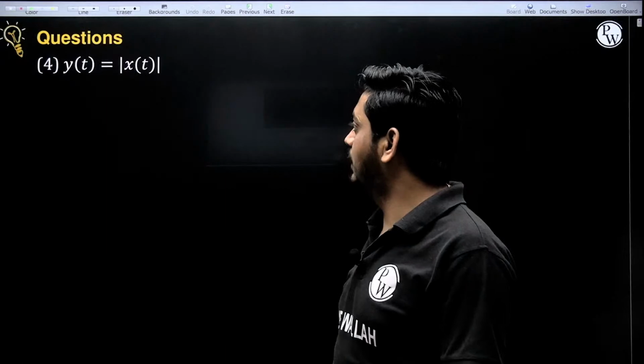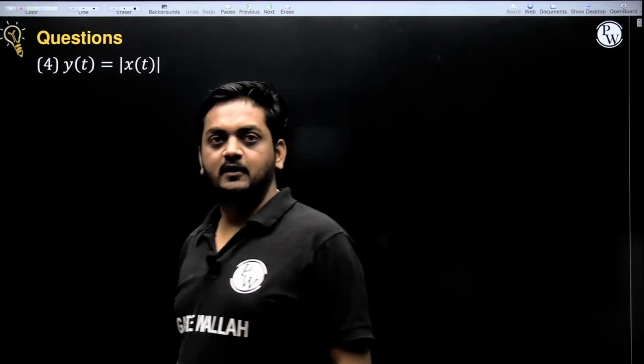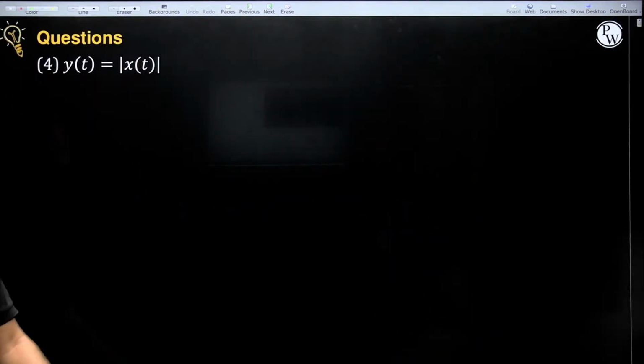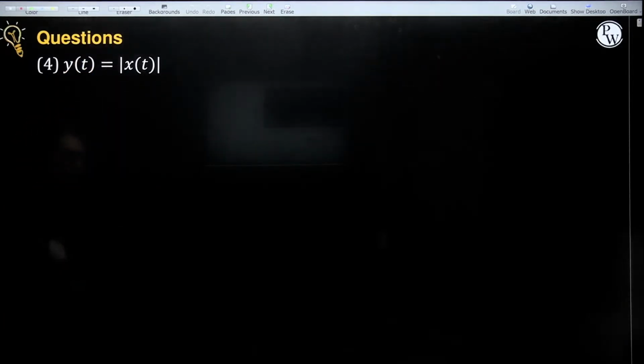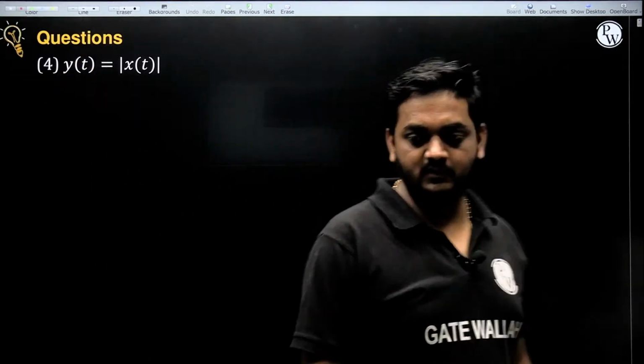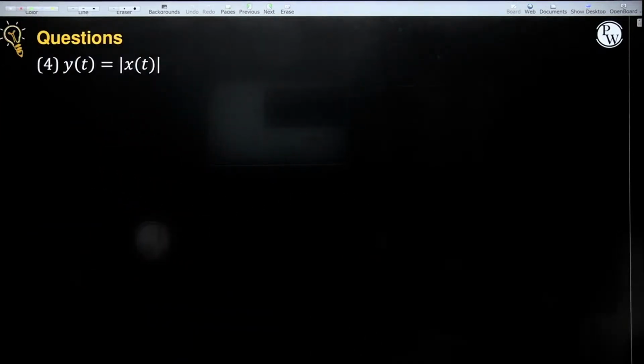Next question. Y of t equal to mod x of t. Tell me, system is linear or non-linear? Tell me whether the given system is linear or non-linear.